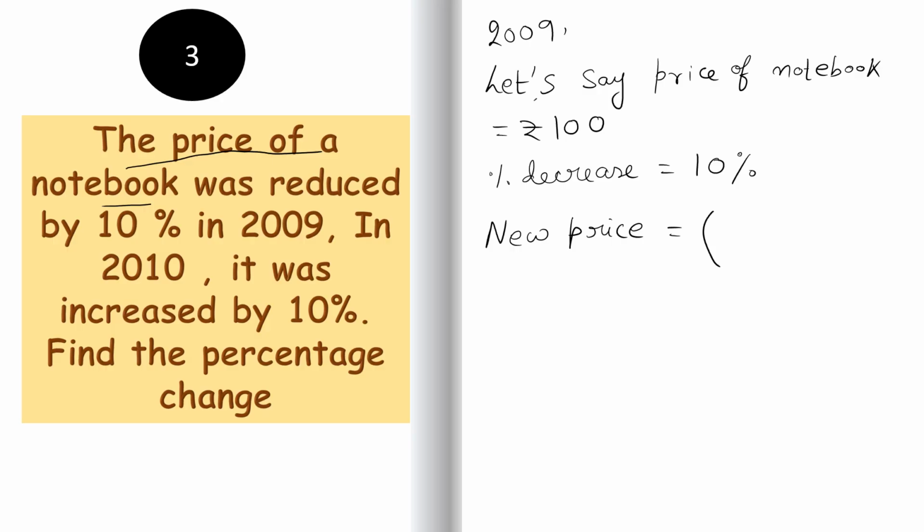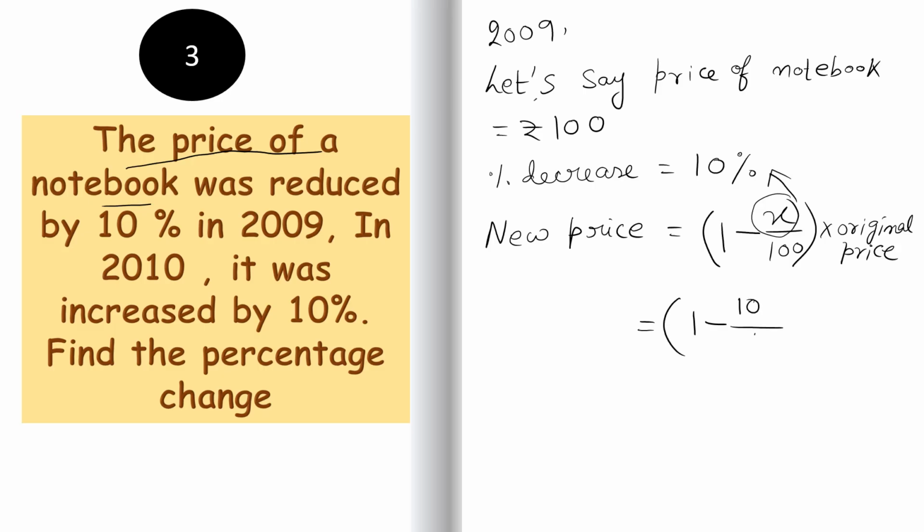We will do 1 minus x by 100 into original price, whatever it is. This was our formula that we have discussed in our previous videos. So let's do 1 minus, what is x? X is the percentage. So 1 minus 10 by 100 into, what is original price? Original price was 100.